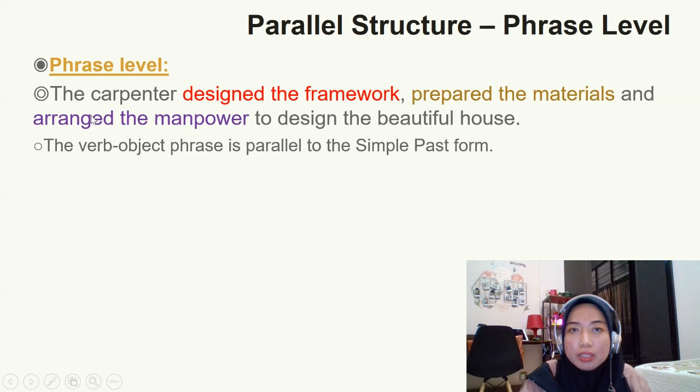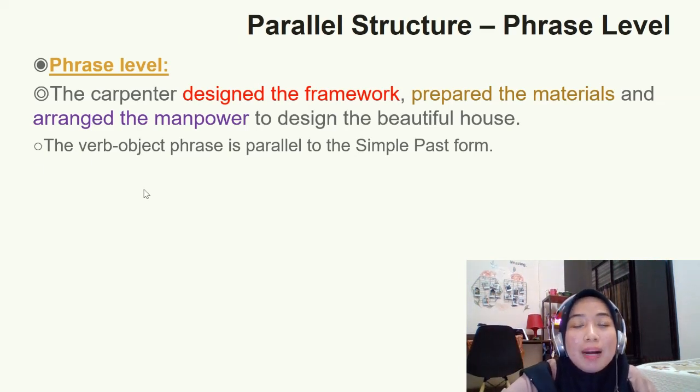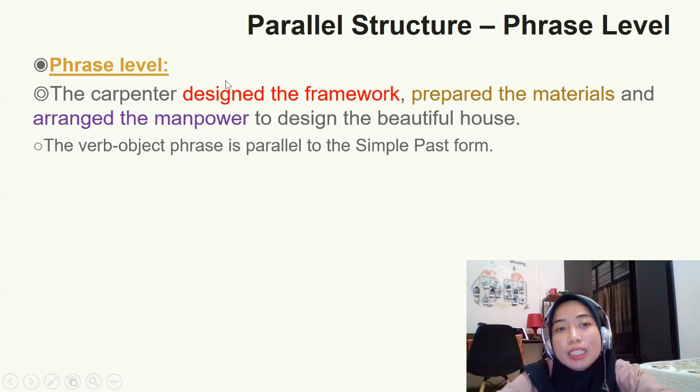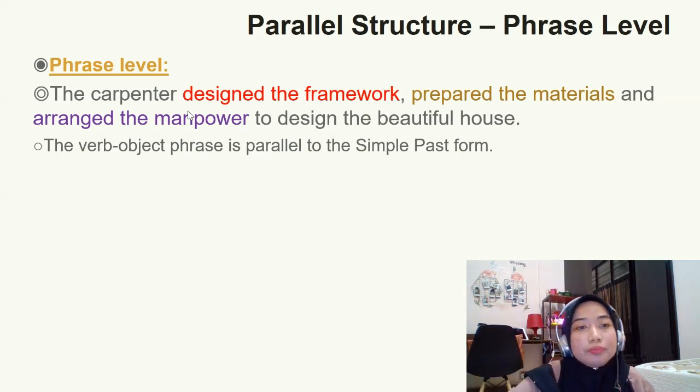What's lovely about this sentence is that they are all in past tense. Design what? The framework. Prepare what? The materials. And arrange what? The manpower. So it follows the same simple past form, hence it's parallel.